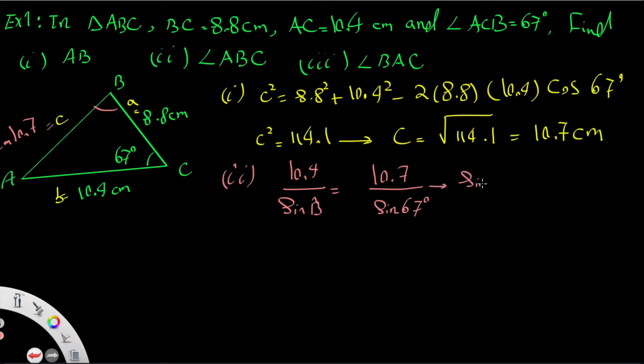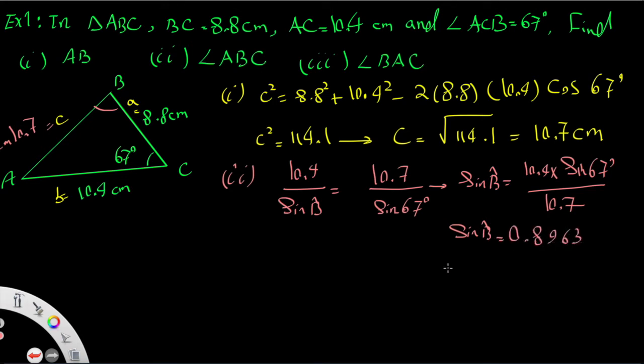Now sine of B will be equal to 10.4 times sine of 67 degrees divided by 10.7. Then after calculating, sine of B will be 0.8963.